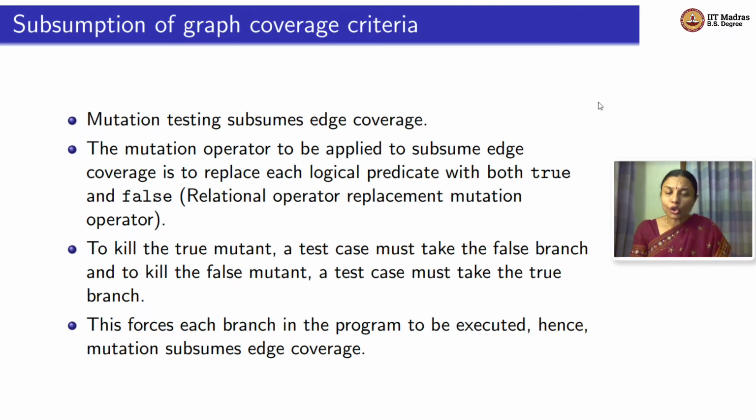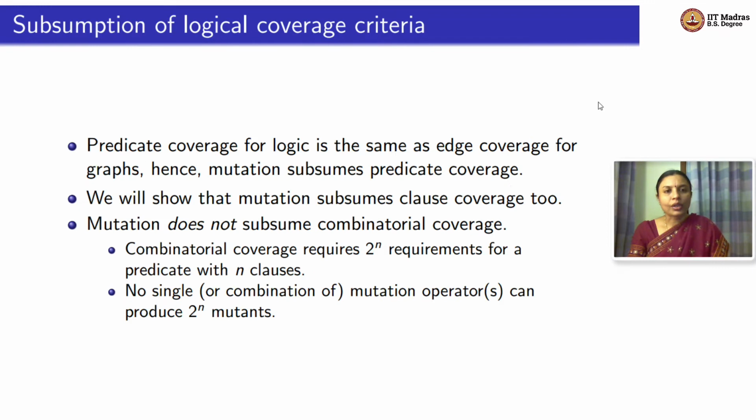We saw mutation operators that let us replace logical predicates with the true Boolean constant and with the false Boolean constant. So mutation testing can be made to subsume edge coverage by replacing it with true and replacing it with false. This forces each branch in the program to be executed. So in effect, mutation testing subsumes edge coverage also.